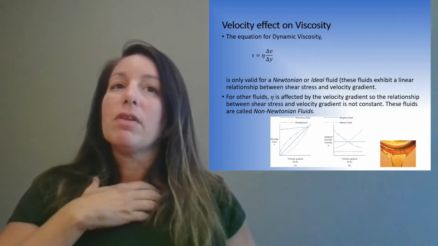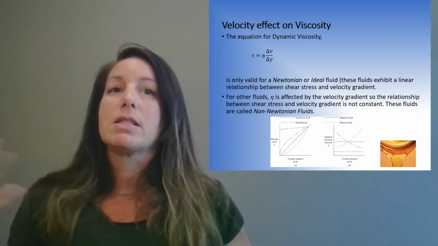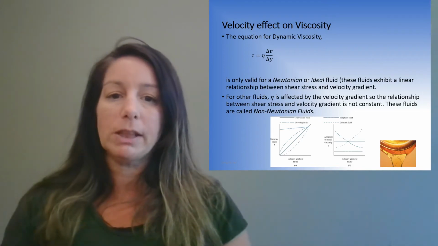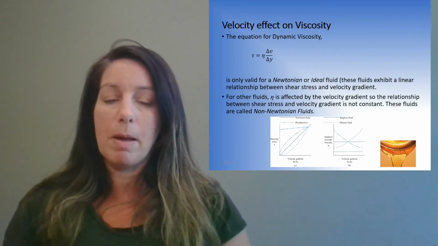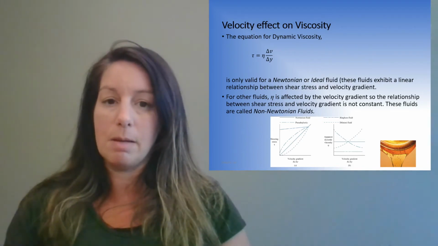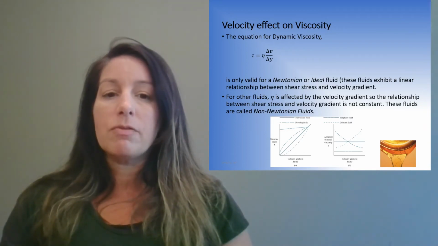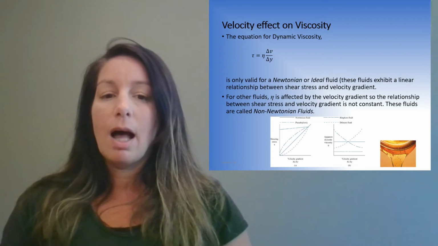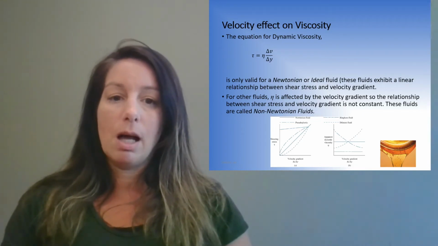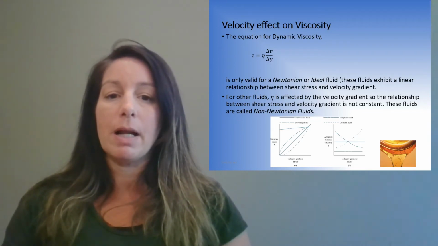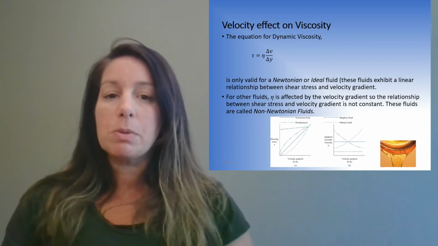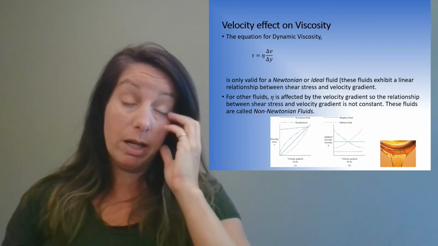So how does the velocity affect viscosity? The equation for the dynamic viscosity, you'll remember, tau equals eta times the velocity gradient. And it's only valid for Newtonian, i.e. ideal fluids. These fluids exhibit a linear relationship between the shear stress and the velocity gradient.